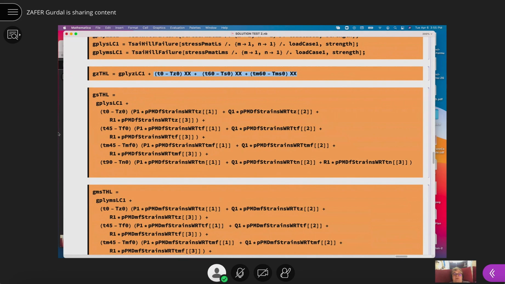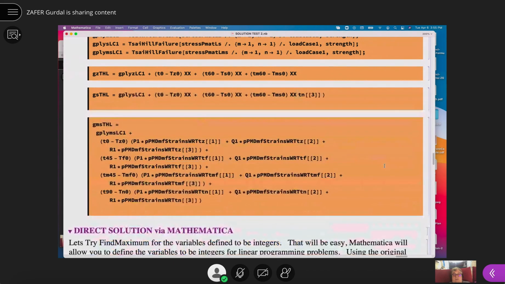Actually, we'll have to put different things in there. Where is my cursor? Okay, there it is.